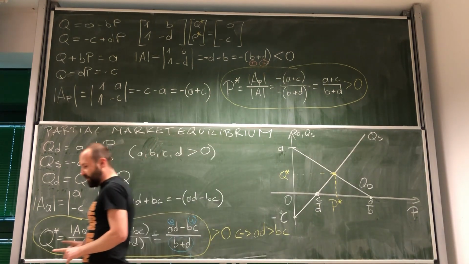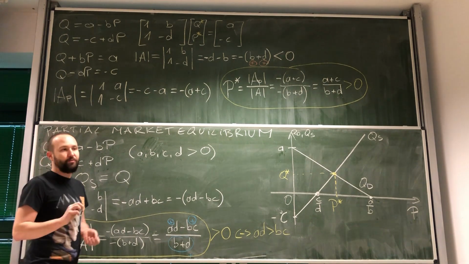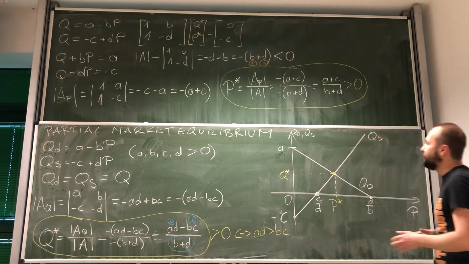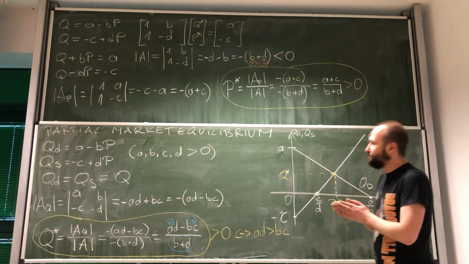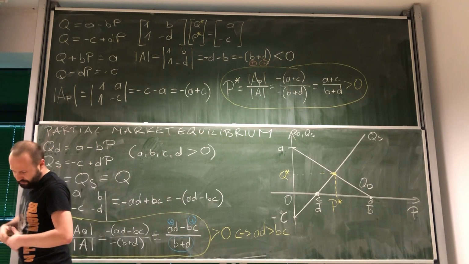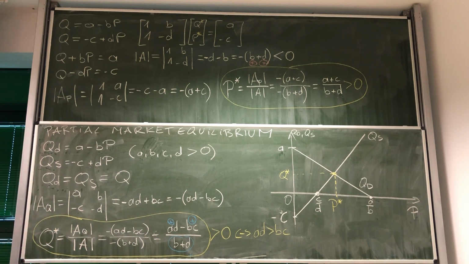During the next video, we're going to move ahead and we're going to have general market equilibrium. But of course, we're just going to do a simple version of that. And what do I mean by a simple version of that?